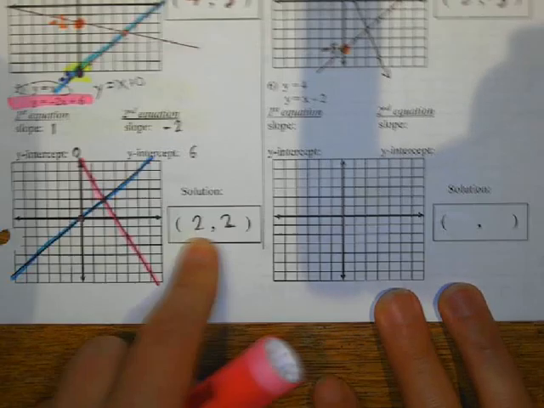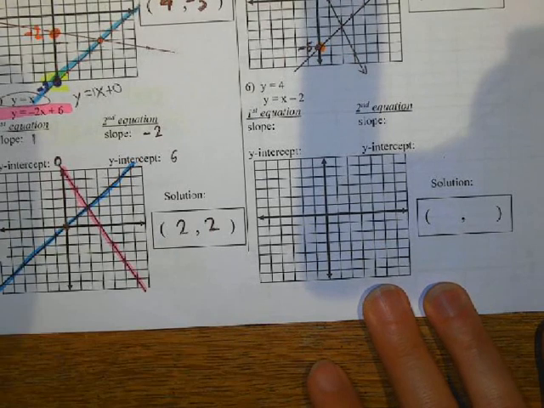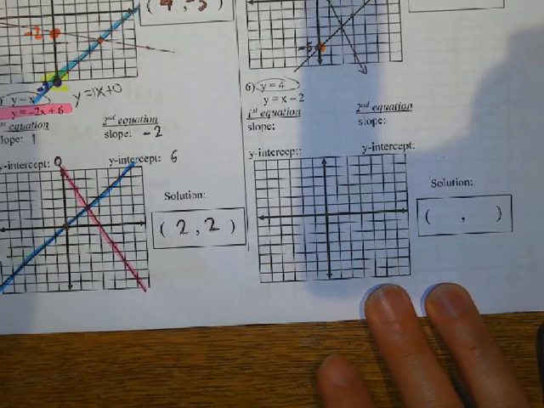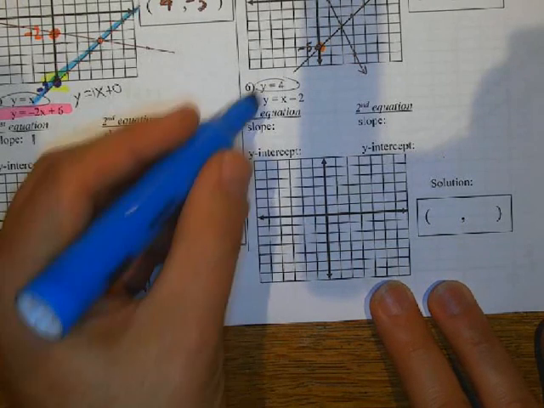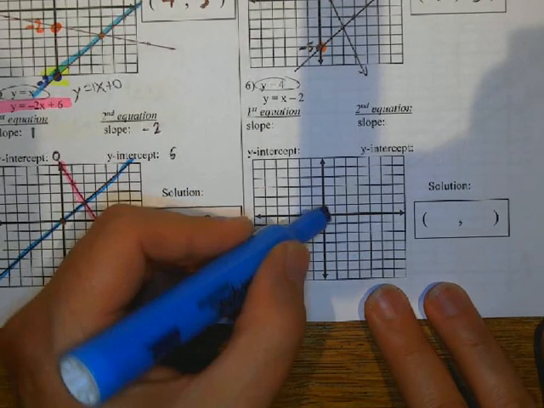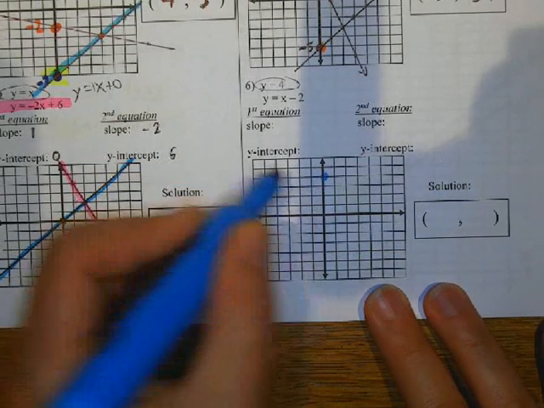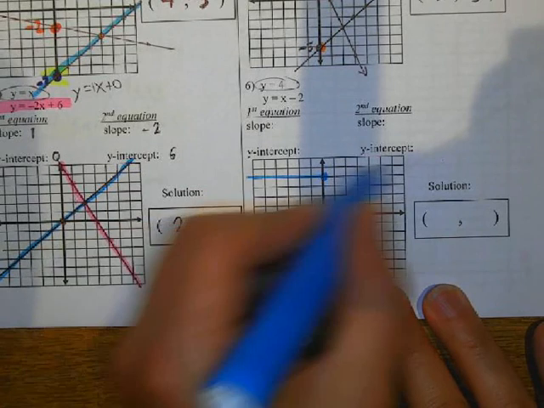Let's do this last one together. I got y equals 4. So that means no matter what x is, our equation is going to be 4. So I go over here, 1, 2, 3, 4. And notice there's no slope.